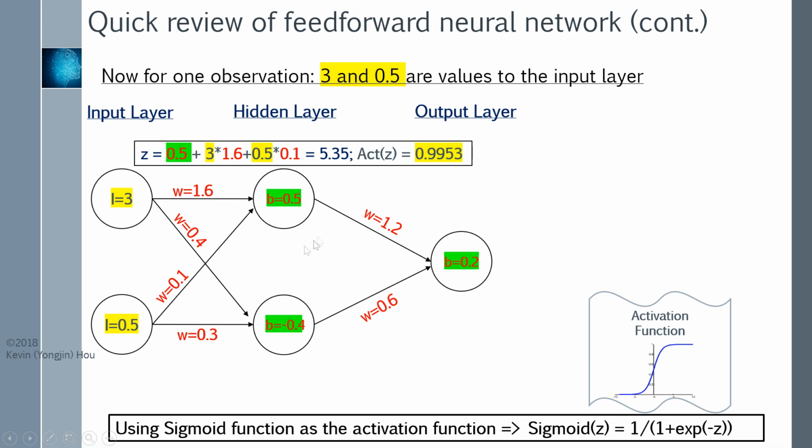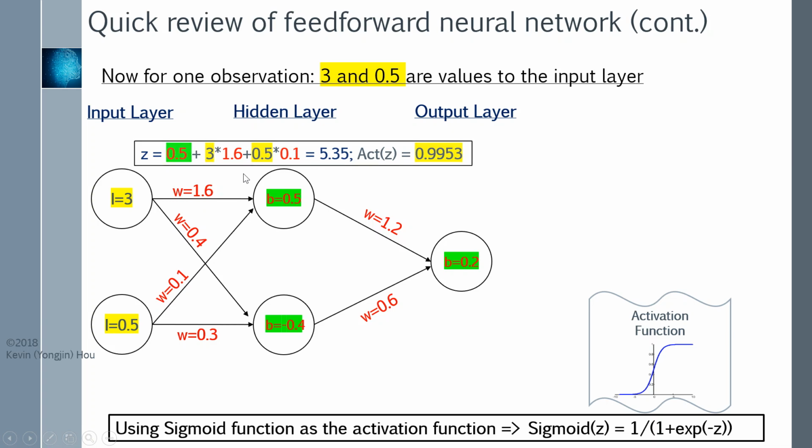The first focus is what's the value after doing all this combination and applying the activation function. This is the first node, the top node in the hidden layer. It gets input from this one here with a weight of 1.6. It also gets an input from this node with a weight of 0.1. This node itself has a threshold of 0.5.